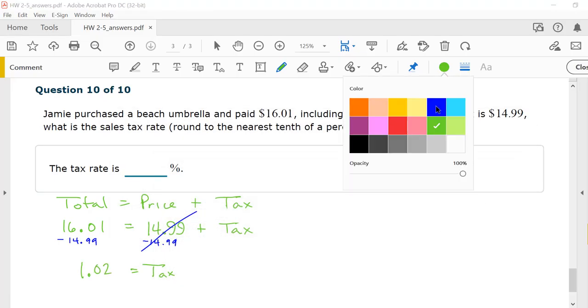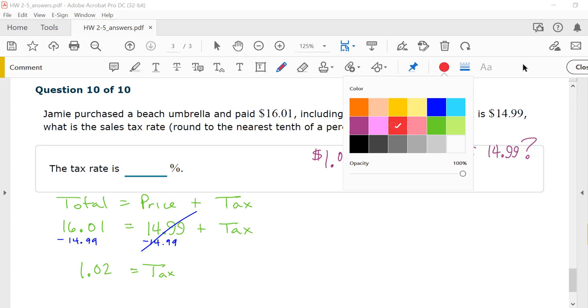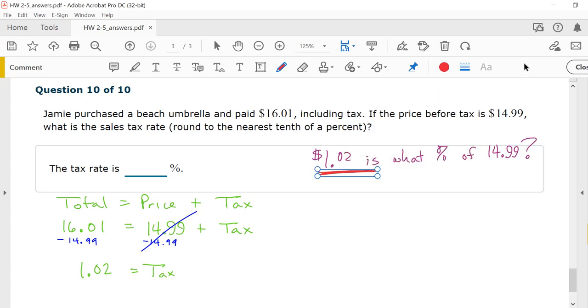So my question is going to be $1.02 is what percent of $14.99? So here's the is, here's the of.